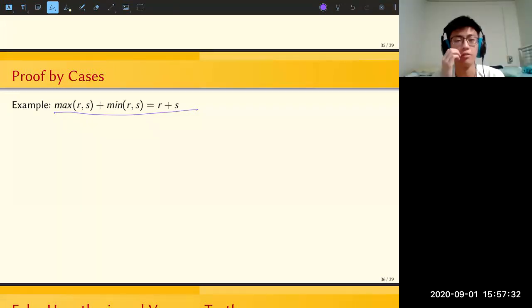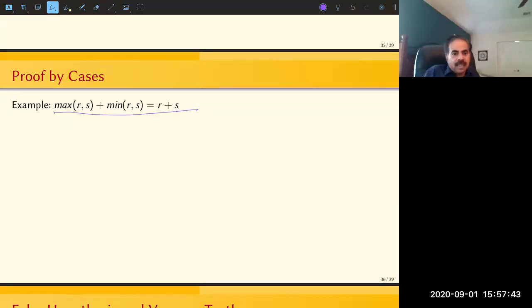Well, I think there would be three main cases: R is greater than S, R is less than S, and R equals S. Okay, sure, that's fine. So let's take three cases. Okay, so case one, right?